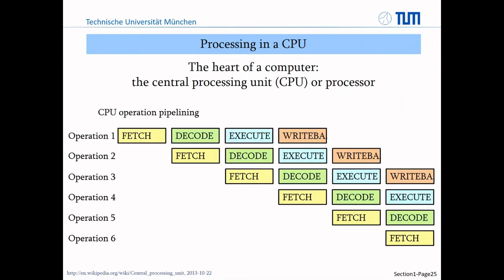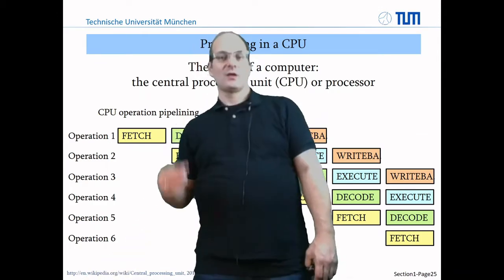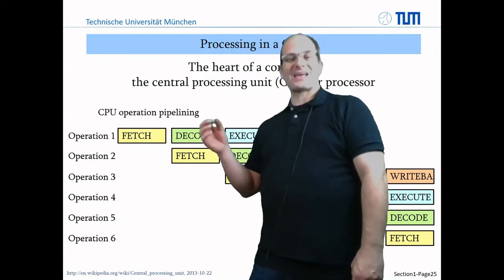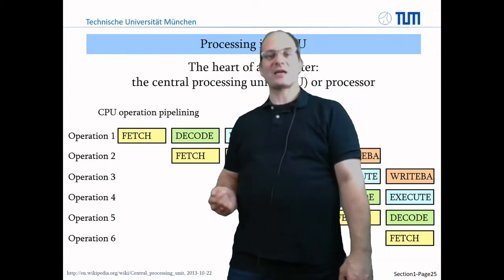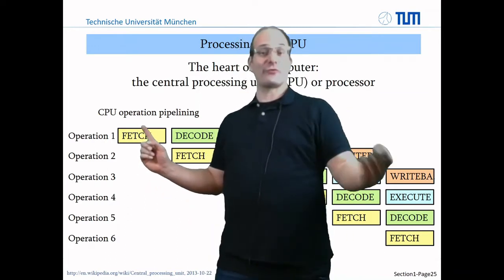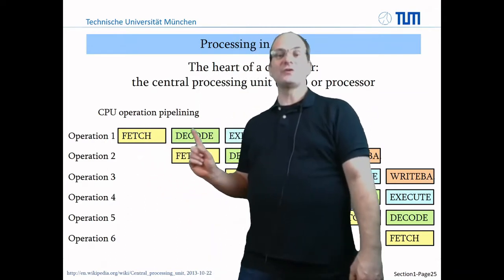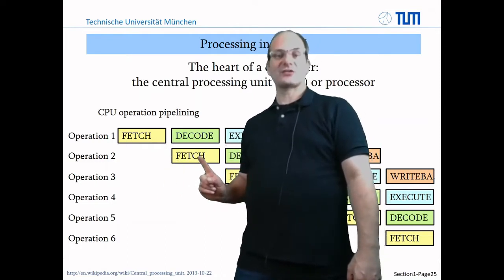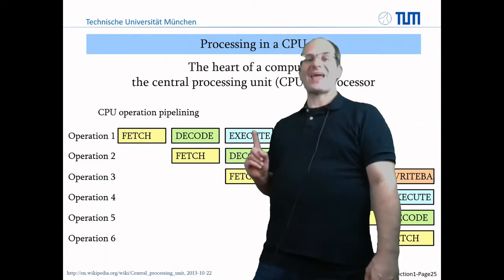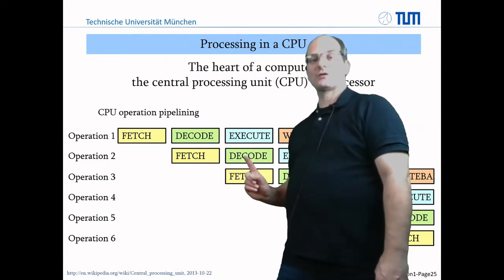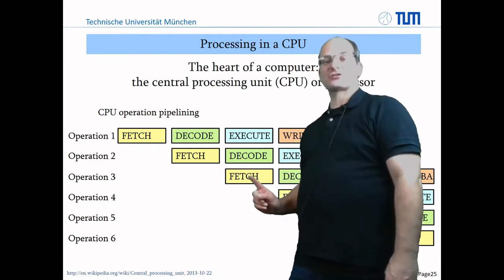How can you improve this? So how can you make these things faster? So you always have these 4 steps. And what you can do is you can make something like a pipeline. So you fetch the first operation or the first command, and while you decode the first one, you can fetch the next one. And while you execute the first one, you can decode the next one, and you can fetch the third one.